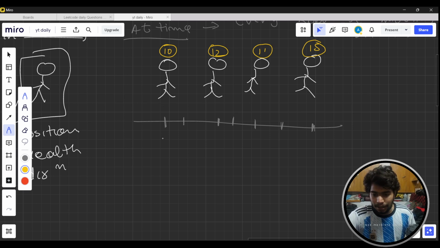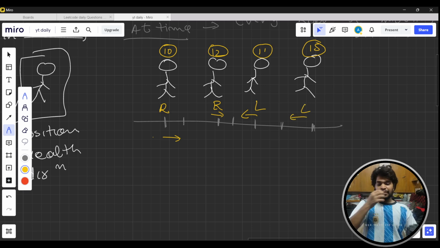Let's say this robot will be moving in the right direction, means it will be going in this direction. Then this robot will be going right also. Let's say this robot is moving in the left direction and this robot is moving left also. So let's first understand this.